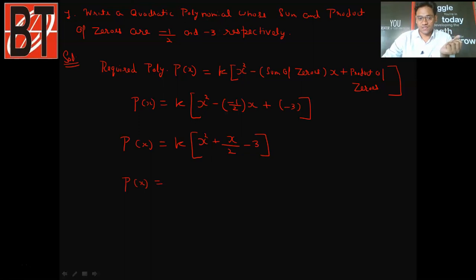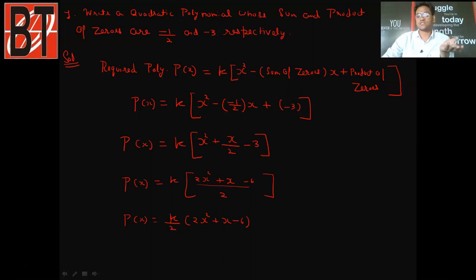If I take 2 as LCM, it will be of this form, 2x square plus x minus 6. This 2 can be written in this way, k by 2, I just took the 2 outside the bracket, so it will be equal to k by 2 times 2x square plus x minus 6.